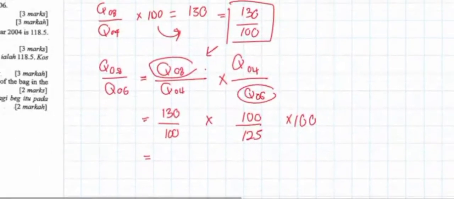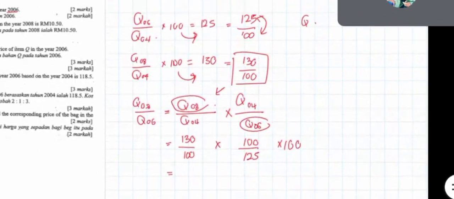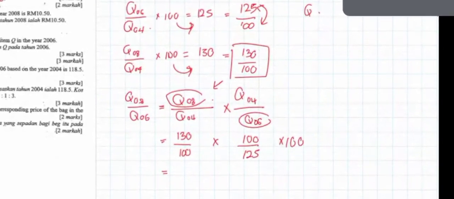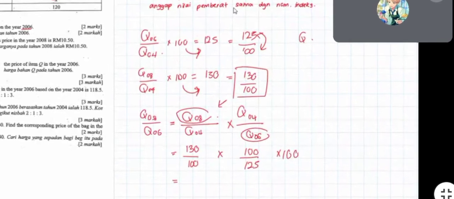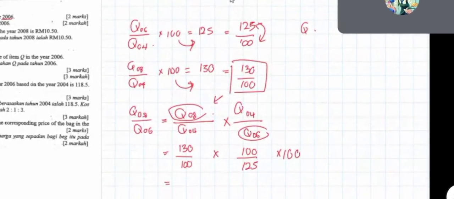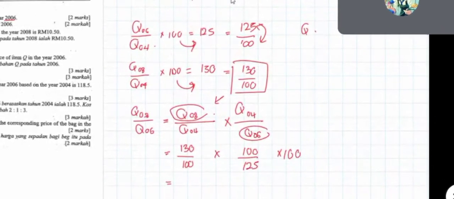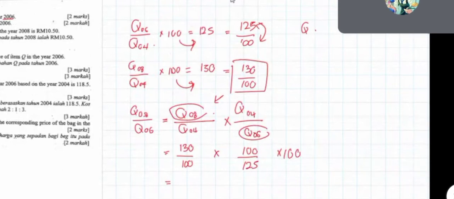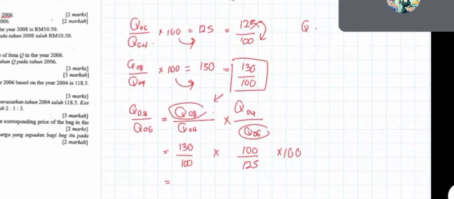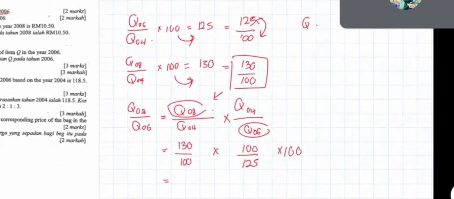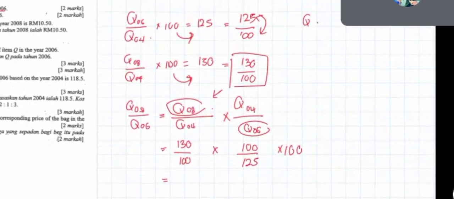And then Q04 per Q06, you write 100 per 125. Why? As you can see, the first equation, 125 is on 2004, while 100 is at 2006. So when you write, you just terbalikkan. Get it? I bet you get it.